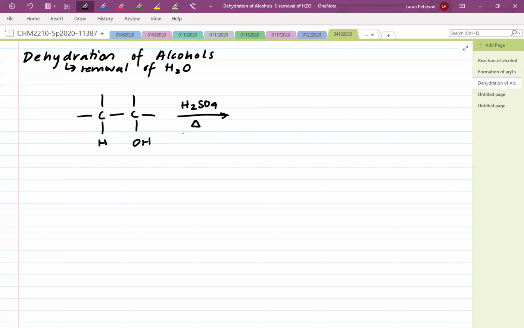You will oftentimes see the notation minus H2O, and I'll talk about that relevance in just a second. The product of this reaction is the alkene, and we have eliminated water from our alcohol to create the alkene. So we removed an H and an OH and formed a pi bond between those two carbons. That's called a dehydration.